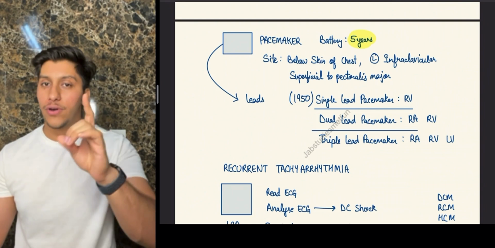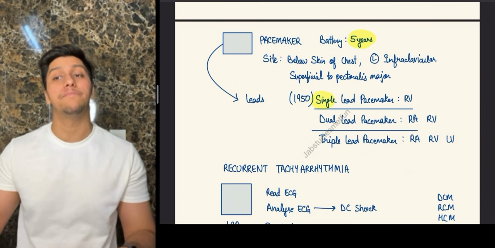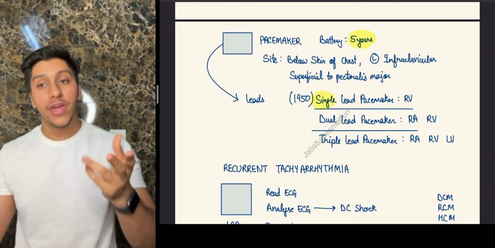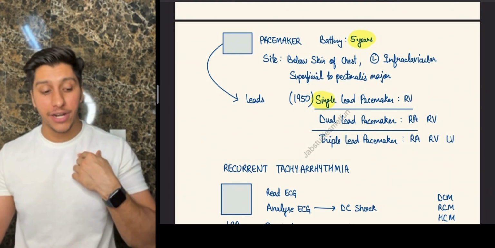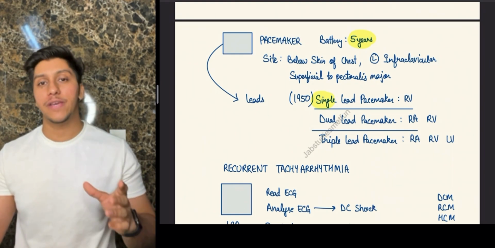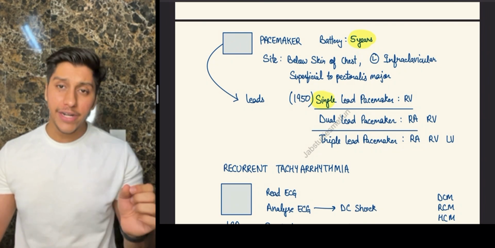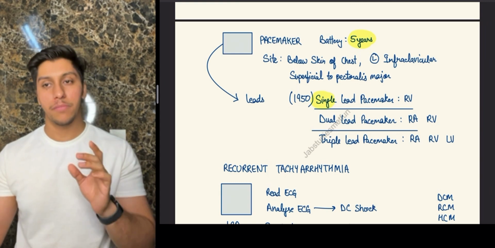Earlier, the first time when they had a pacemaker, it was in 1950, a single lead pacemaker, and that lead directly went to the right ventricle. Then after that came the dual. In dual, it went to right ventricle and the right atrium, and in case of triple lead pacemaker, it went for all three, which was your right ventricle, right atrium, and your left ventricle, not the left atrium. Make sure you know this.